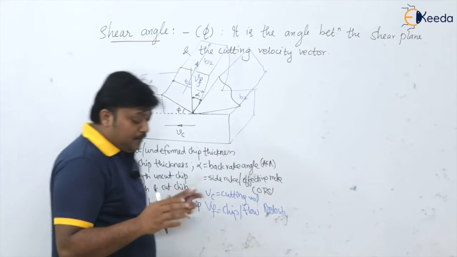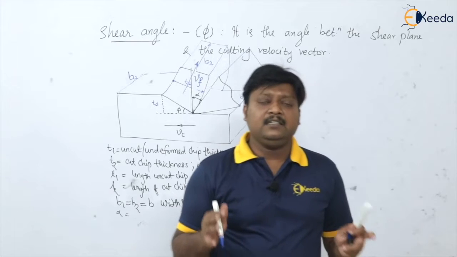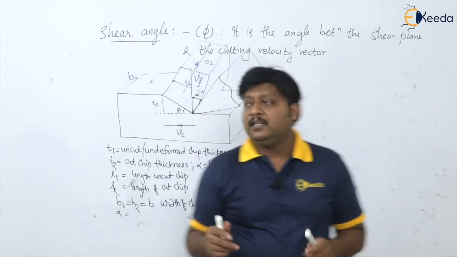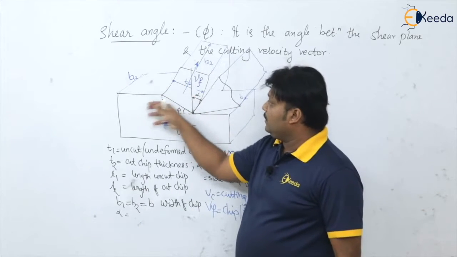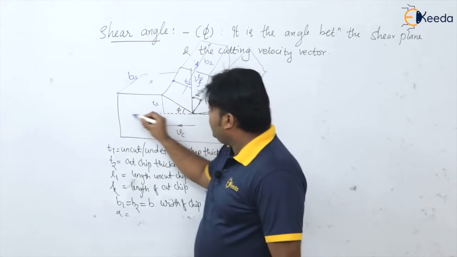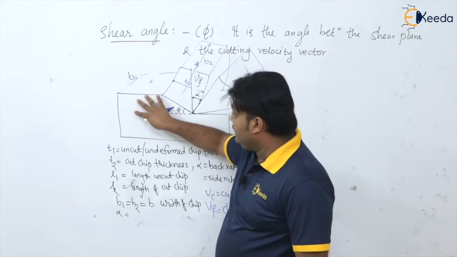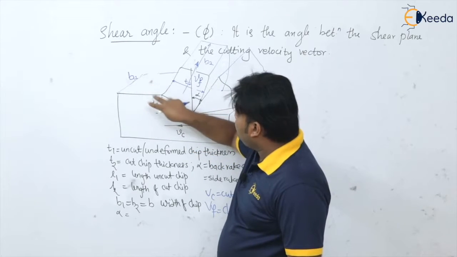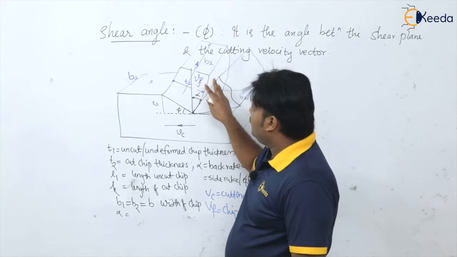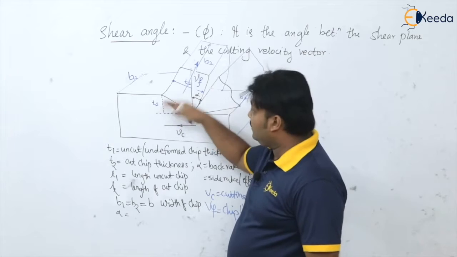Now if we apply the volume constancy principle, which is valid in metal cutting also, the volume of material before cutting is equal to the volume of material after cutting. So the volume of chip inside the material in the undeformed condition is equal to this volume after the cutting operation.